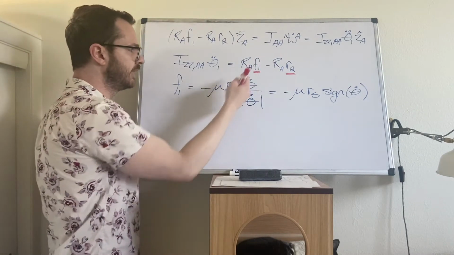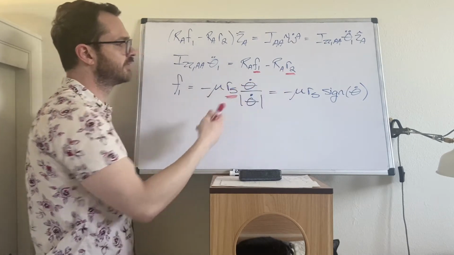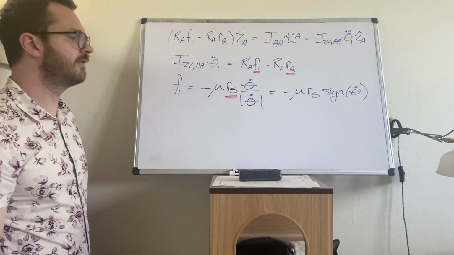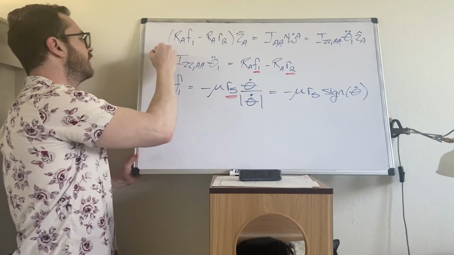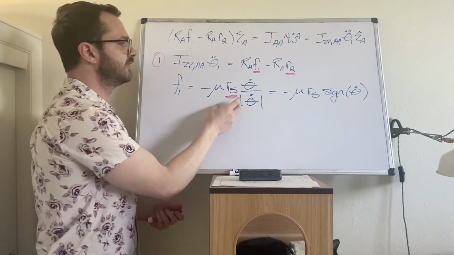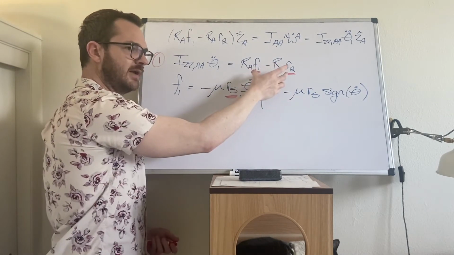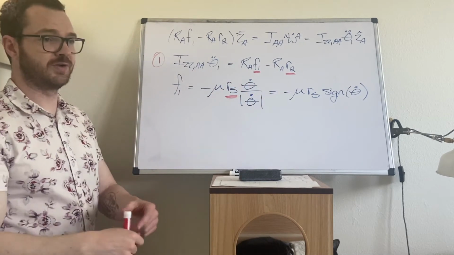So we took care of F1, but now we got R5. We have to come up with expressions for R2 and R5, and then we're going to take those and put them back into, we can call this equation number 1, the big equation. So whatever expressions we get for these terms, they're going to go back into this. And then if we've eliminated all the unknowns, then we're done.